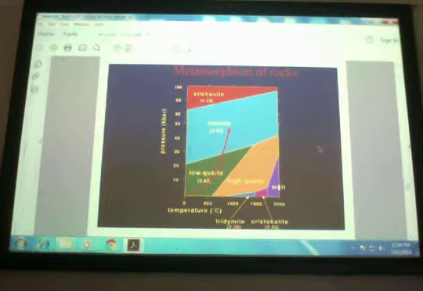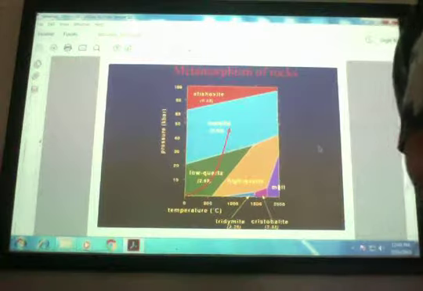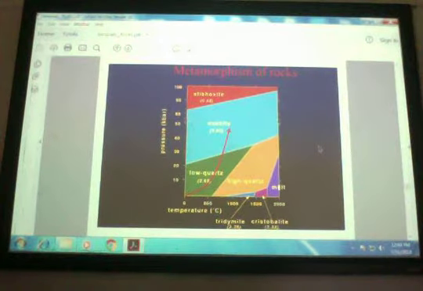If you are looking at the system water, you have ice, you have liquid water, and you have steam. So what happens to your atoms inside the ice? They are very constant and they are not moving that much around.